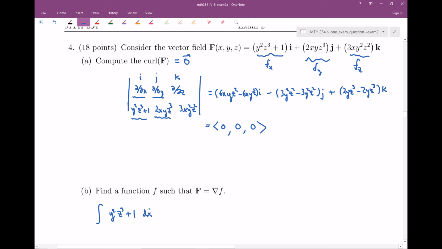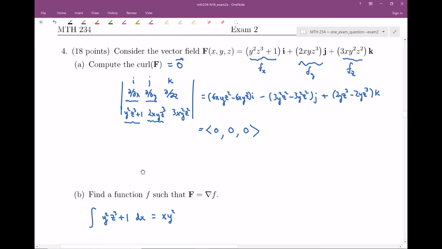I'm going to integrate that with respect to x, because again, that's the x derivative, and so if I want to get f, I want to get back to where I started with, I'm going to integrate with respect to x. So when I do that, I'm going to have xy squared z cubed, so again, all of this is constant with respect to x.